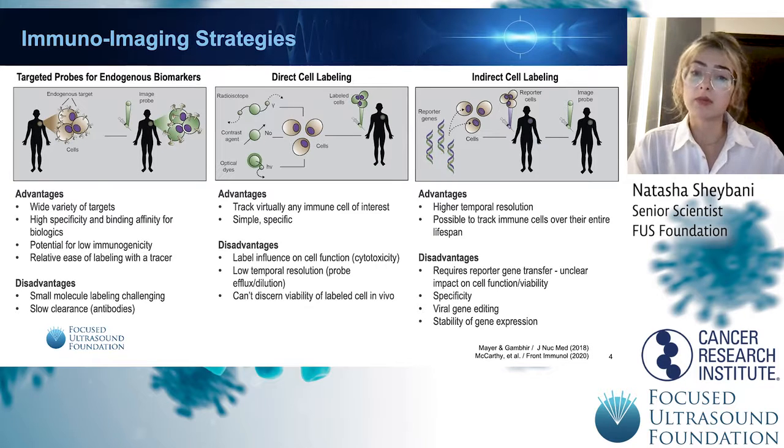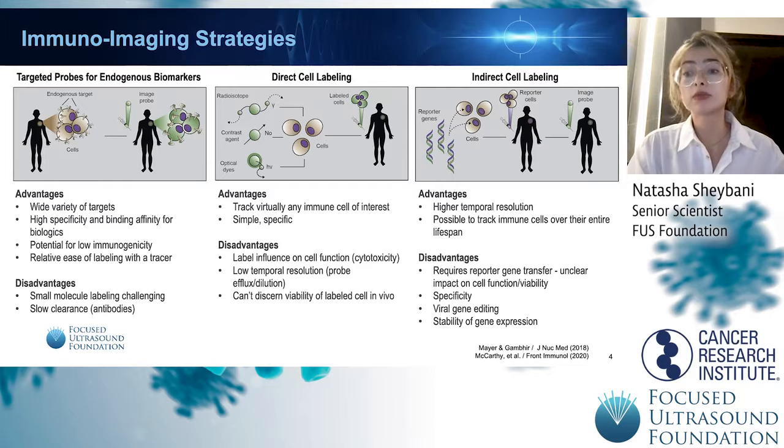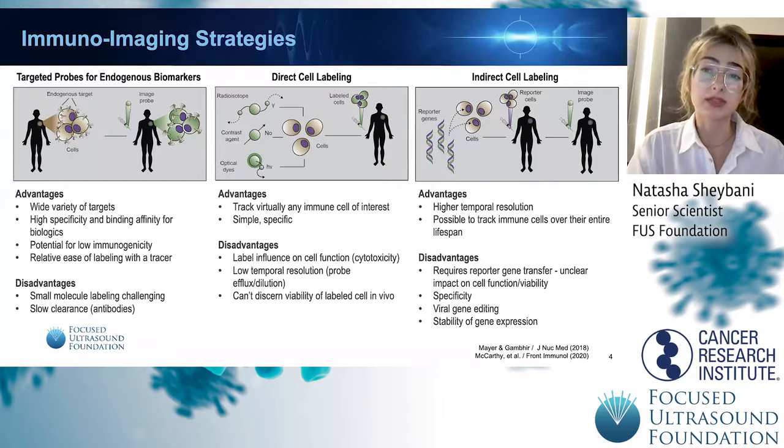Collectively, these methods can help us characterize immune topography in different tumor settings. They can help us track immune cell migration and activation over the course of immunotherapy treatment, monitor immune-related toxicities, and most importantly, these imaging tools can help us understand underlying mechanisms in settings where immunotherapies fail.